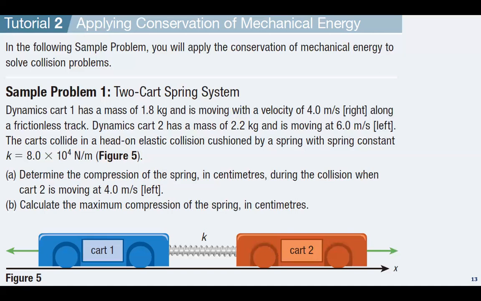The carts collide in a head-on elastic collision cushioned by a spring with spring constant k equals 8.0 times 10 to the power of 4 newtons per meter, which is shown here in figure 5. Question A, determine the compression of the spring in centimeters during the collision when cart 2 is moving at 4.0 meters per second to the left. Then calculate the maximum compression of the spring in centimeters.